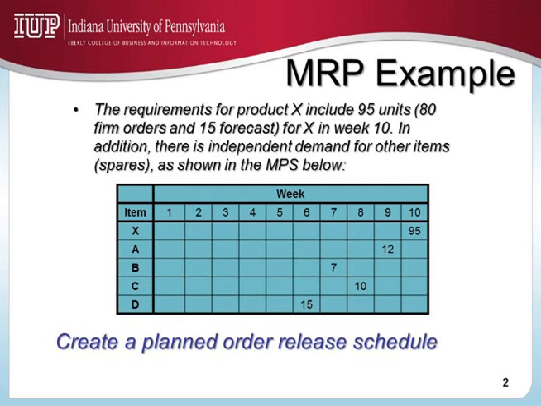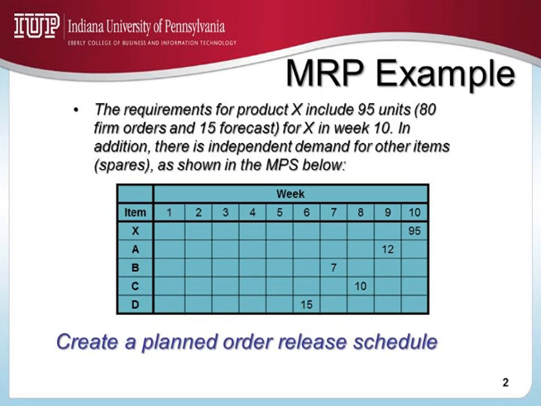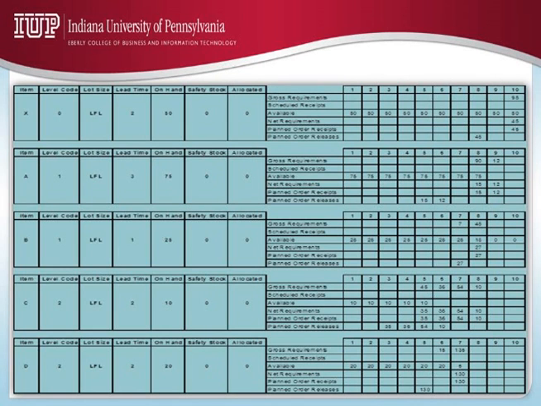Now given this data, the bill of materials, the inventory status, the lead time and the master production schedule, let's figure out how MRP works. Now we all remember this: item X, A, B, and if you go down, C and D. So this is a simple example.